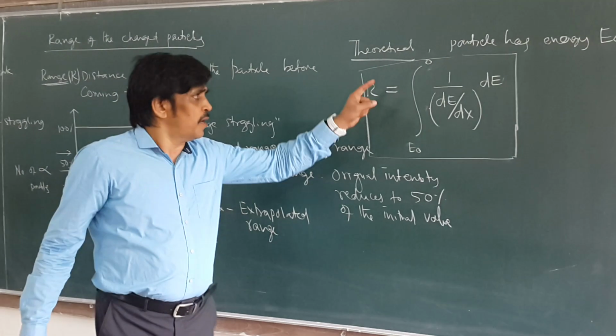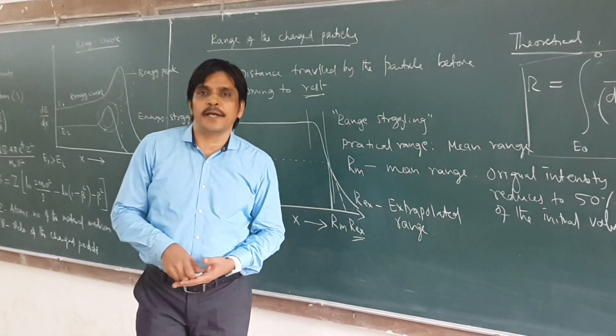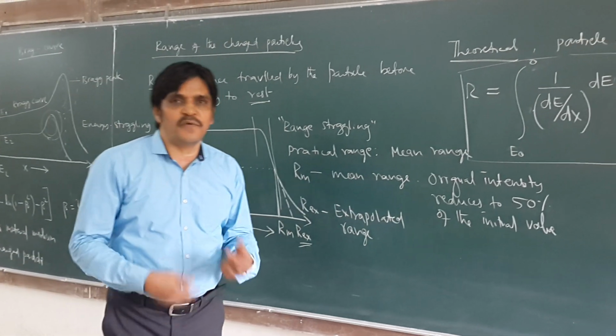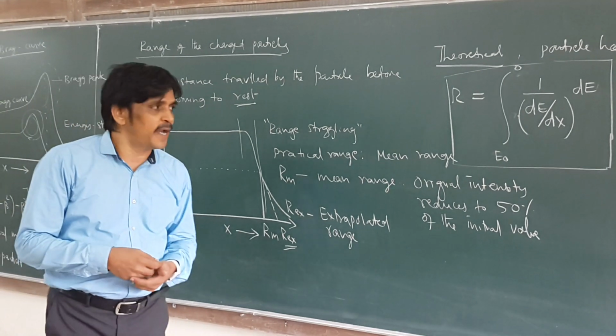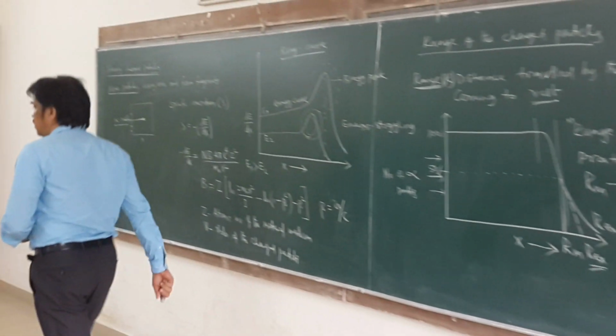Now this range is for a medium in which we consider all the atomic species to be the same. Now suppose you have a medium in which you have a compound, with more than one atomic species. Then how do we evaluate the range?